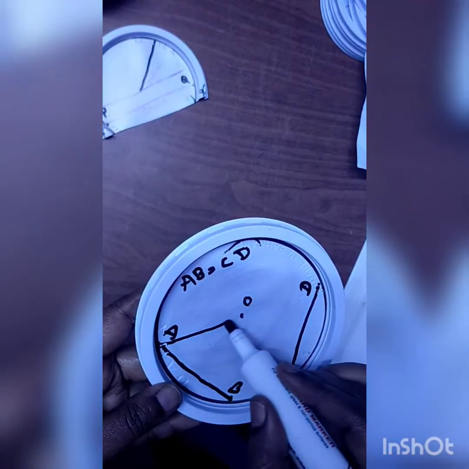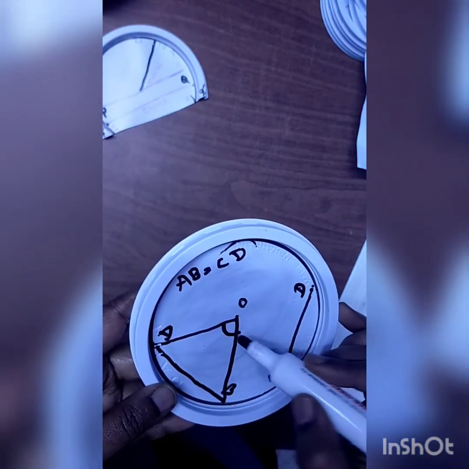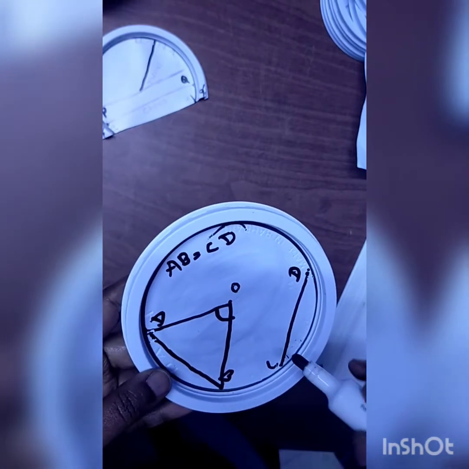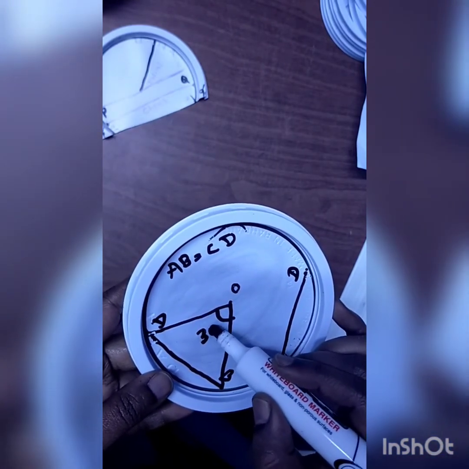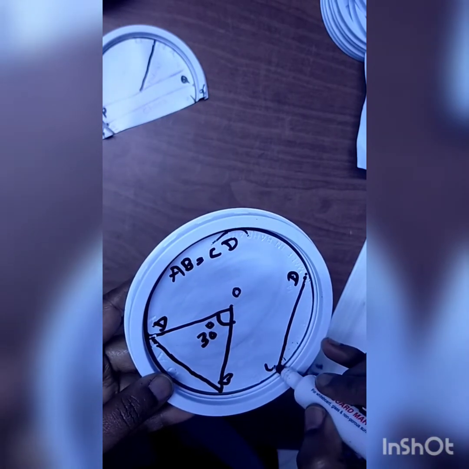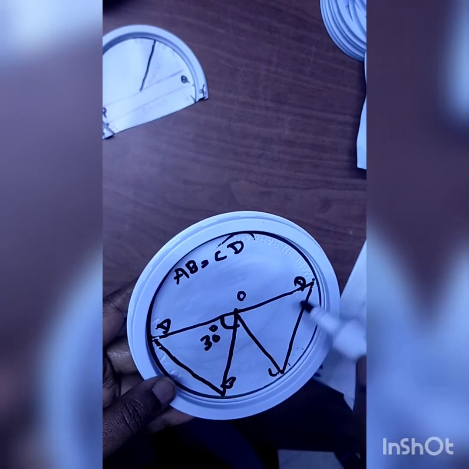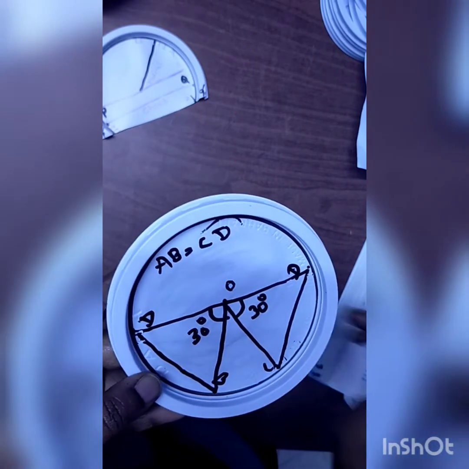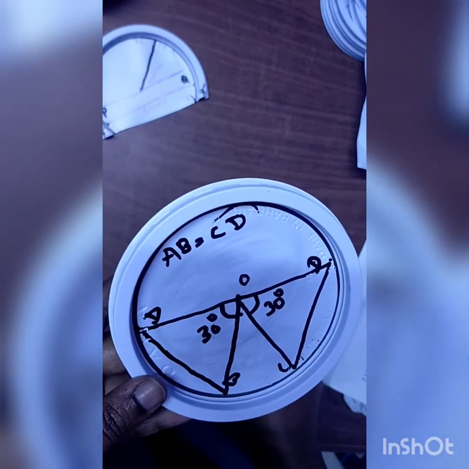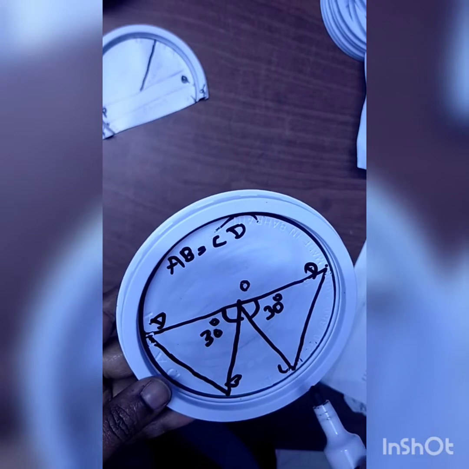So these two equal chords will make same angle with the center. For example, if this is making 30-degree angle with the center, the chord CD will also make same angle, 30-degree, with the center. So just for example, I took the number 30-degree.